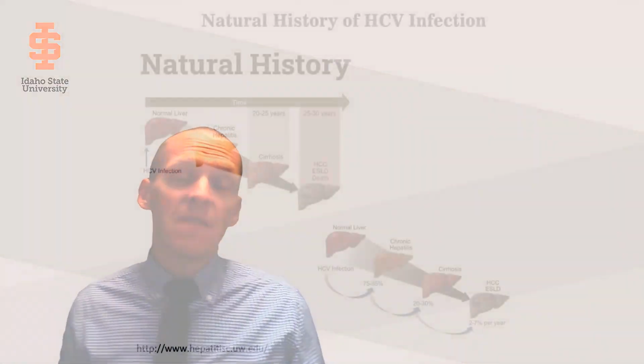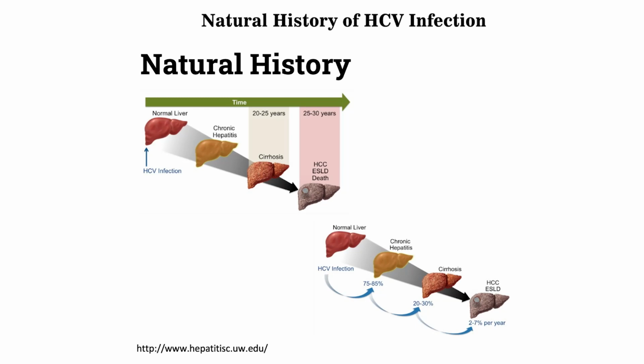After somebody is infected, there is a general natural course for people who go on to develop chronic hepatitis C. But it's a very slow process, and patients may not exhibit any symptoms. So unless we are doing universal screening, which we should be, patients may go on with hepatitis C for years without any symptoms that are recognizable.